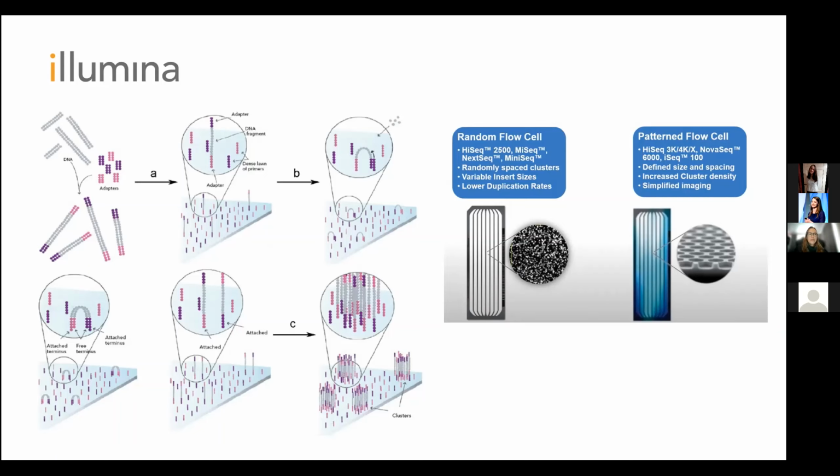During this step, the molecule creates a bridge formation, and therefore it's also called bridge amplification. This process happens simultaneously in millions of clusters on the flow cell. After that, the reverse strands are washed away and sequencing can start.